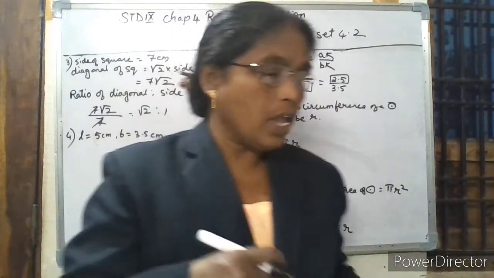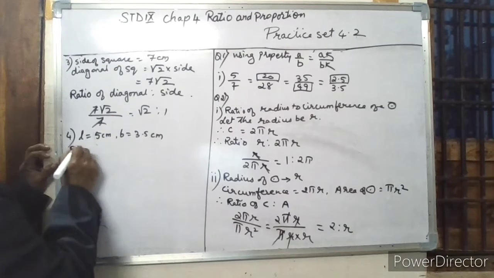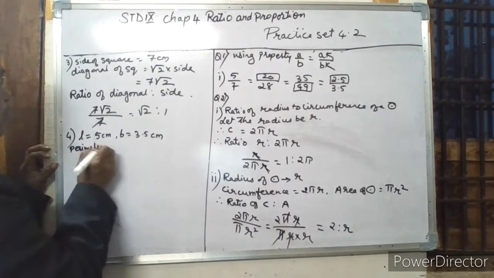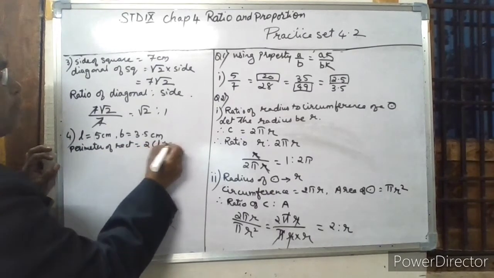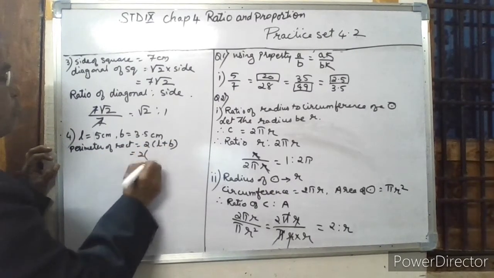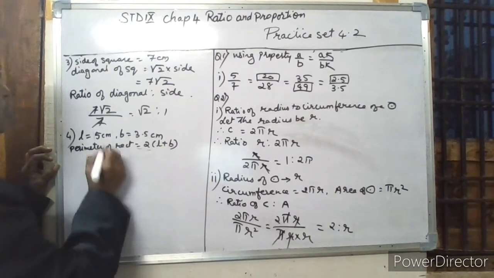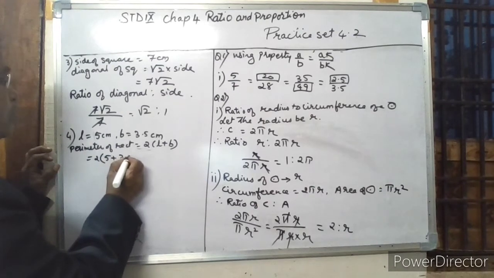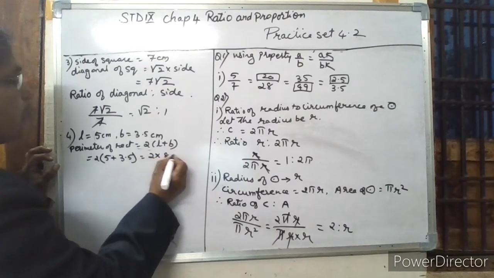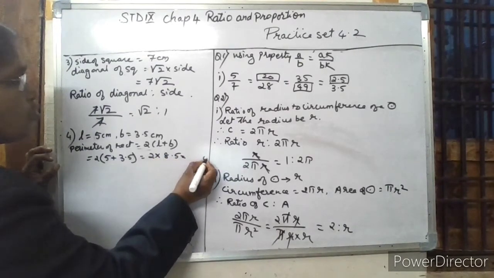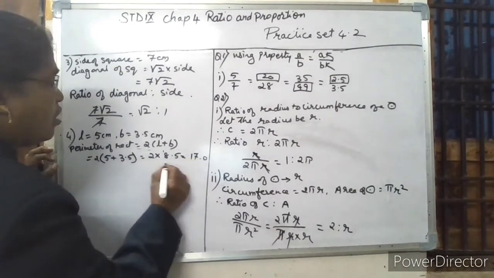So let us find the perimeter of the rectangle. Perimeter of rectangle is equal to 2 into length plus breadth. That is 2 into 5 plus 3.5, that is 2 into 8.5, which is 17 centimeters.